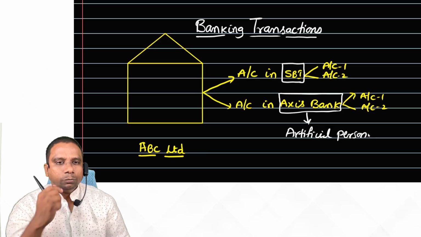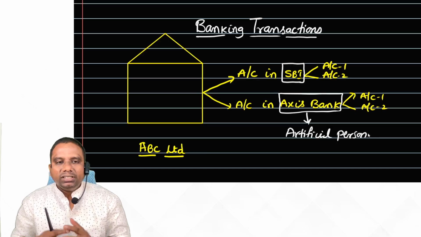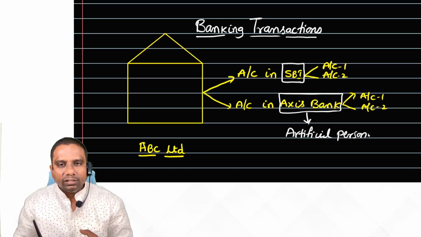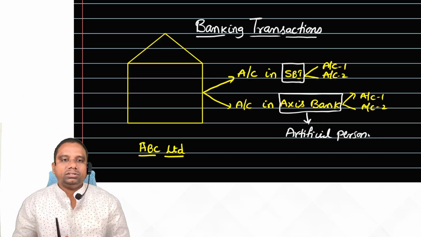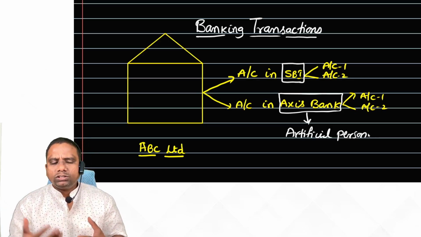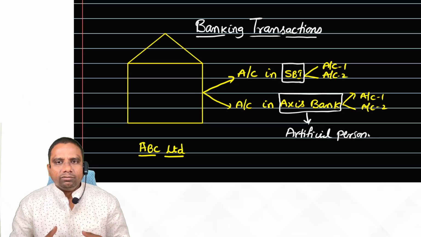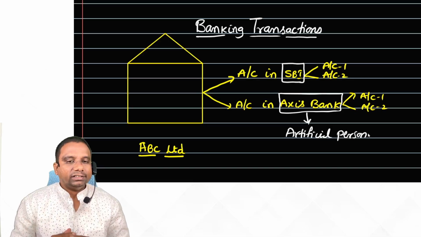Now what do we do? We are business, ABC Limited. ABC Limited enters into some transactions with the bank, the artificial person. So what are those transactions? ABC Limited will open an account with the SBI Bank. That is one transaction.